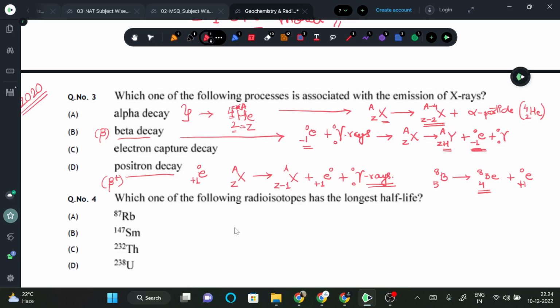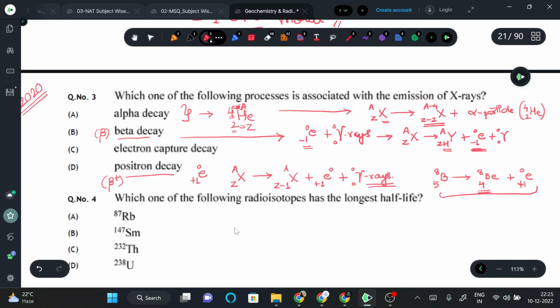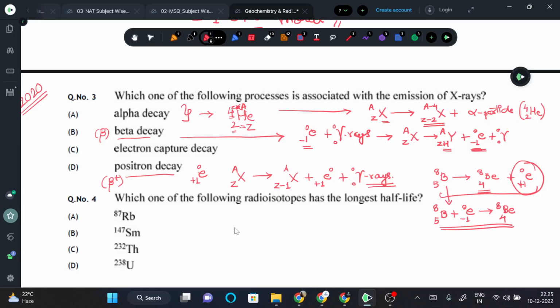So how is this final thing happening? This is the positron emission. Why is it happening? Because this boron is actually capturing one electron. Just calculate it from here. Here it is capturing one electron. Right? It will give B 4 8. Are you getting this? Yes. Are you getting this particular reaction?